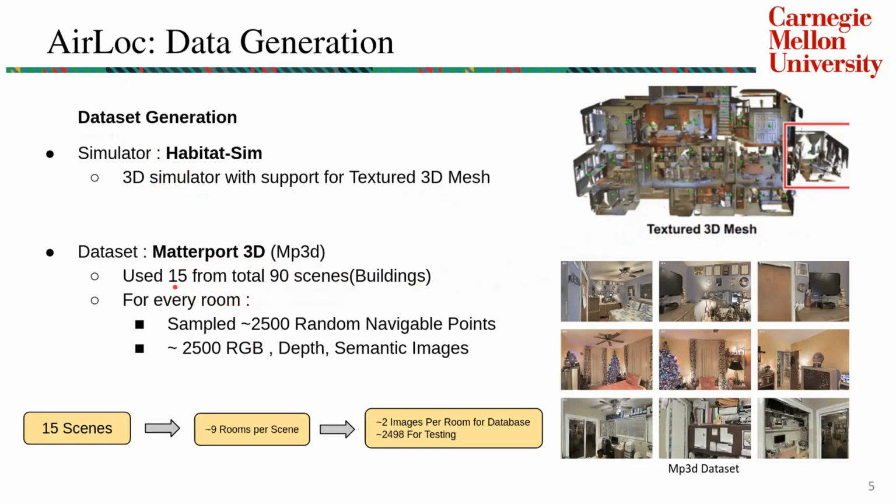For every textured mesh and for every room in a textured mesh, we sample 2500 random navigable points, and for all these random navigable points, we extract RGB, depth, and semantic information. In this way, we have a lot of images from varying viewpoints. We have the semantic and depth data, and we have room and building level divisions as well.